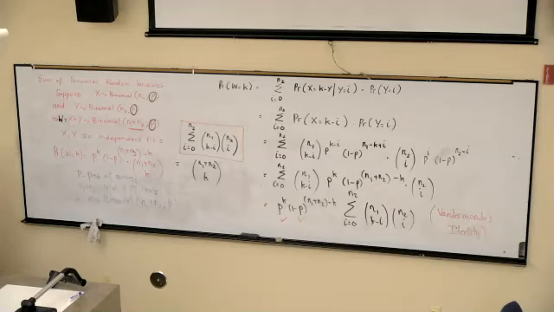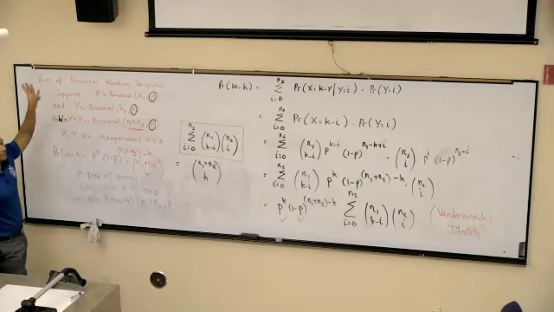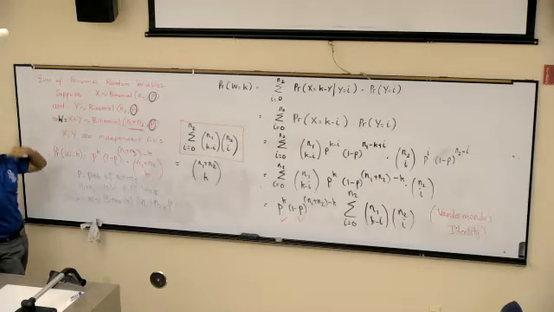Take a guess. If I had a whole bunch of binomials added together, as long as I have the same P, what do you think the final result will be? It's simply the sum of the sample sizes.